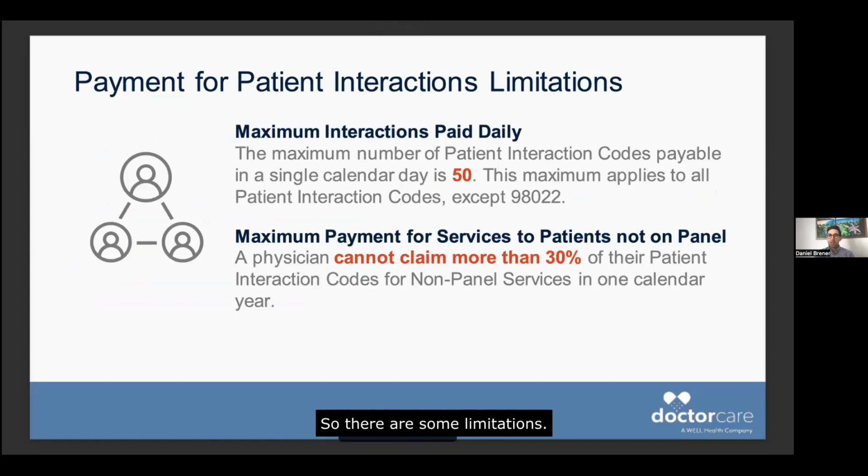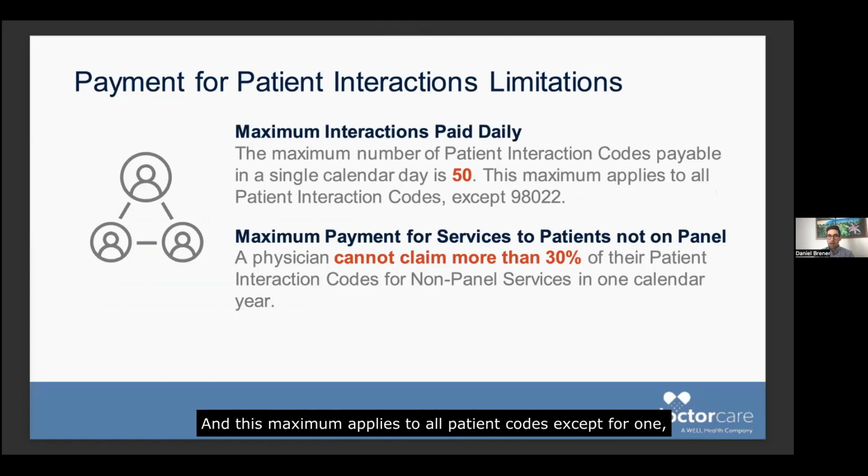So there are some limitations. The maximum number of patient interaction codes in a single calendar day is 50. So there's a limit of how many patient interactions you should be having. And this maximum applies to all patient codes except for one, the 98022, which we'll go through in one slide what that means.